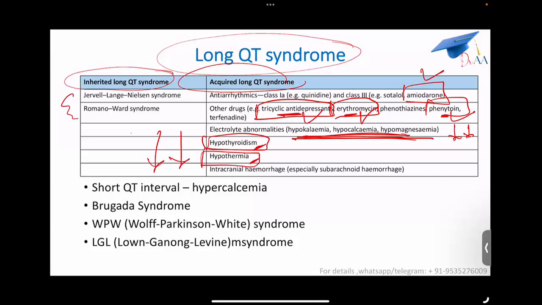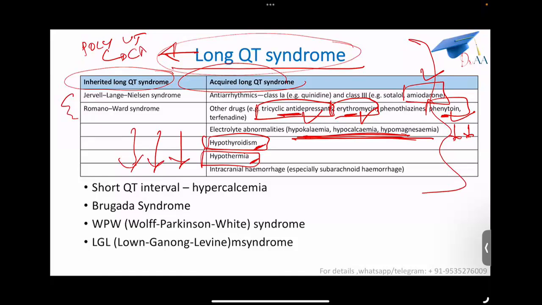Everything is low. These things you need to remember for long QT interval. Long QT interval predisposes to polymorphic VT. Polymorphic VT can cause cardiac arrest, or it can cause syncope.